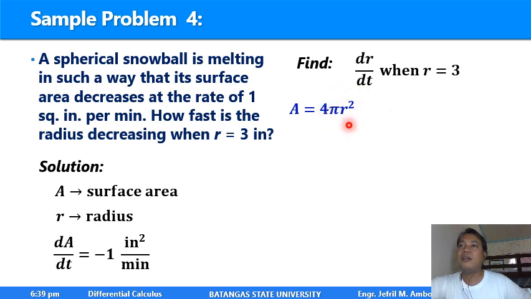After 2r, sabi ng chain rule, differentiate mo pa siya, dr over dt. So the derivative of this will be dA over dt, and this will be 4 pi multiplied by the derivative of r squared with respect to t, which is 2r multiplied by dr over dt. Okay?